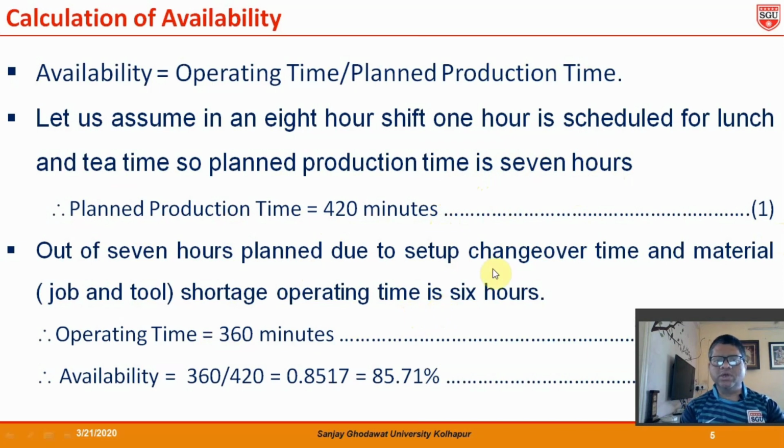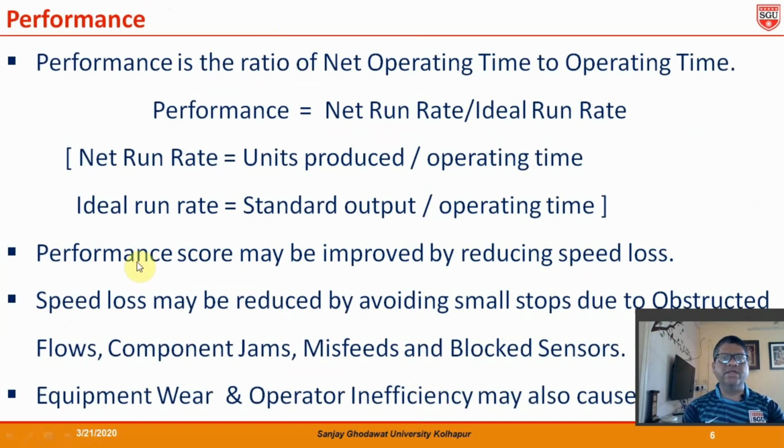Assuming that because of some changeover time as well as the shortage of material and tools, operating time is 360, whereas planned production time is 420. So, you will find the availability comes around 85.71%.